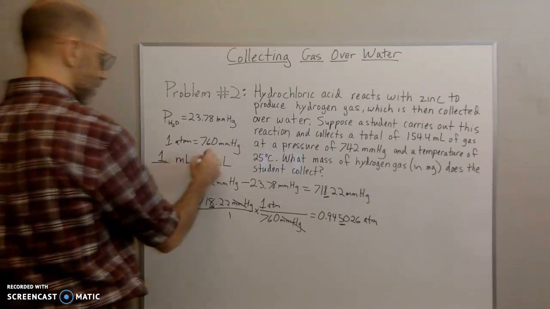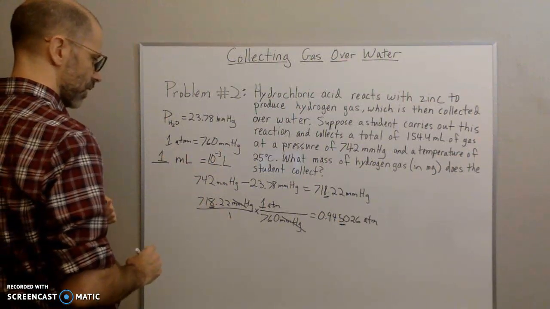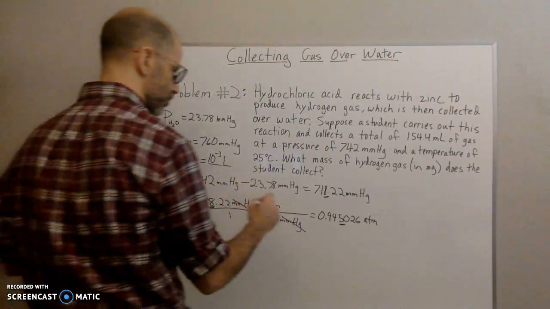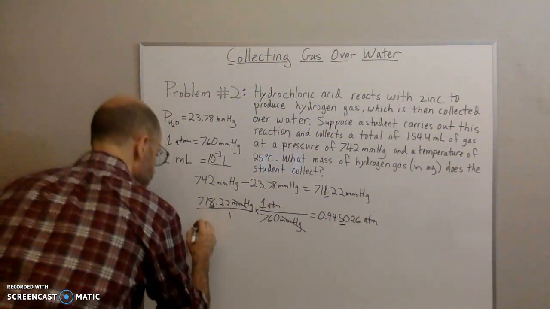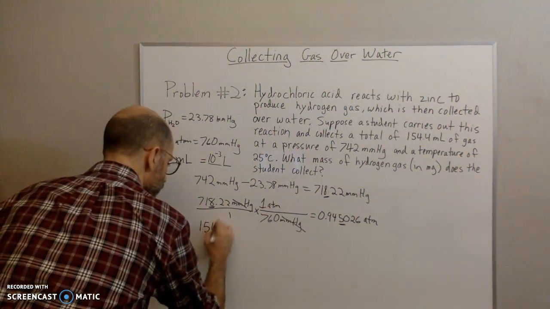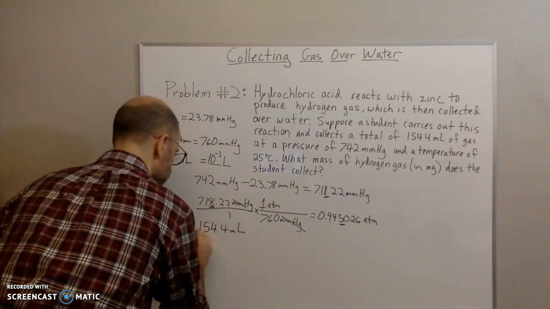Milli is 10 to the negative 3, so that goes there. Now I'm going to use that to convert my volume, 154.4 milliliters.